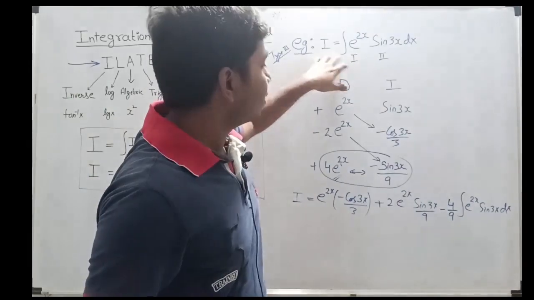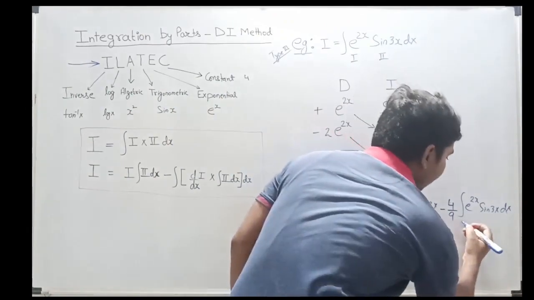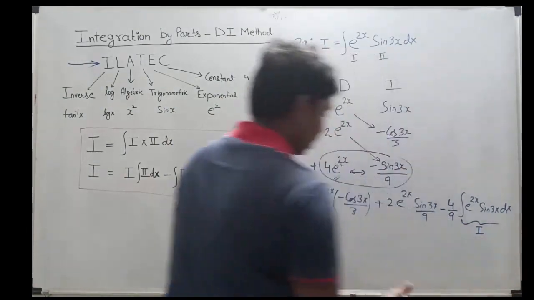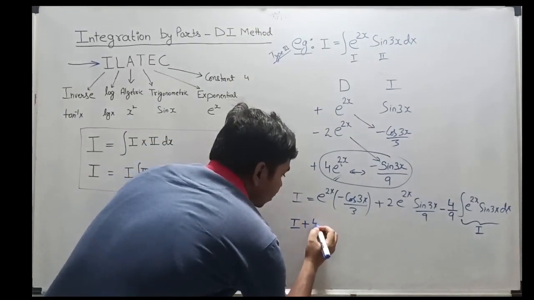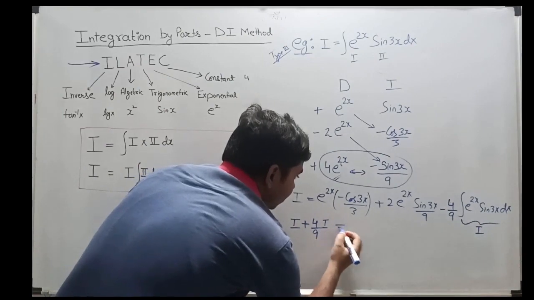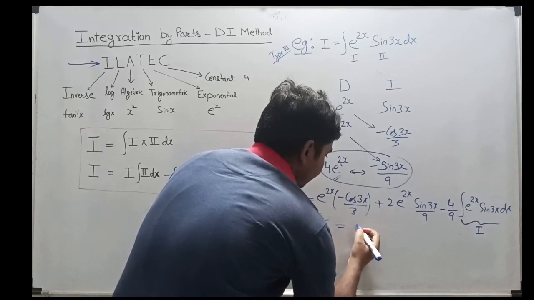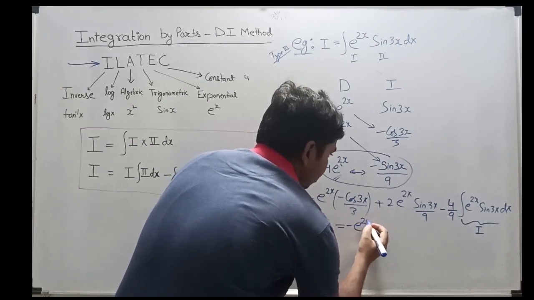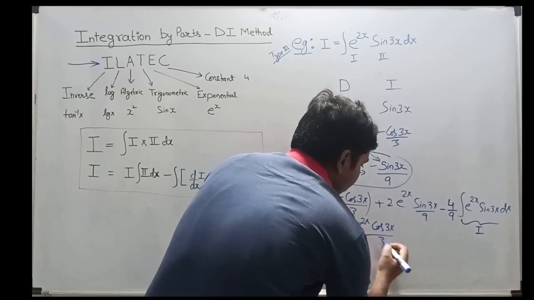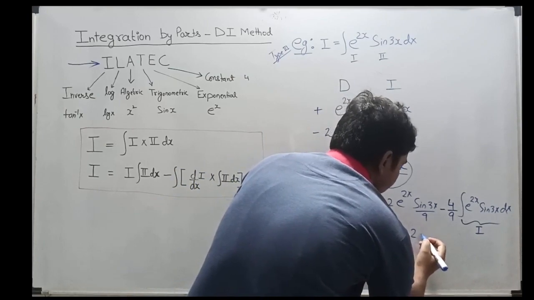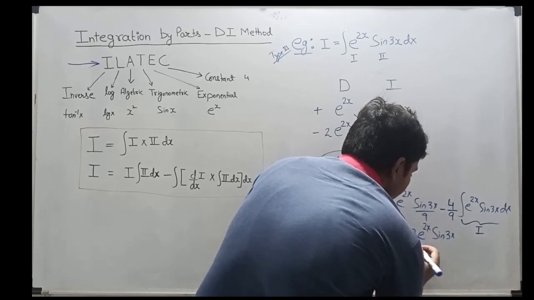So you can see this integration and this integration are quite similar. So we can replace this with the letter I, and we can take this I to this side. So it will come like I plus 4 by 9 I, and on this side the remaining function, minus e raised to power 2x cos 3x by 3 plus 2 e raised to power 2x sin 3x by 9.